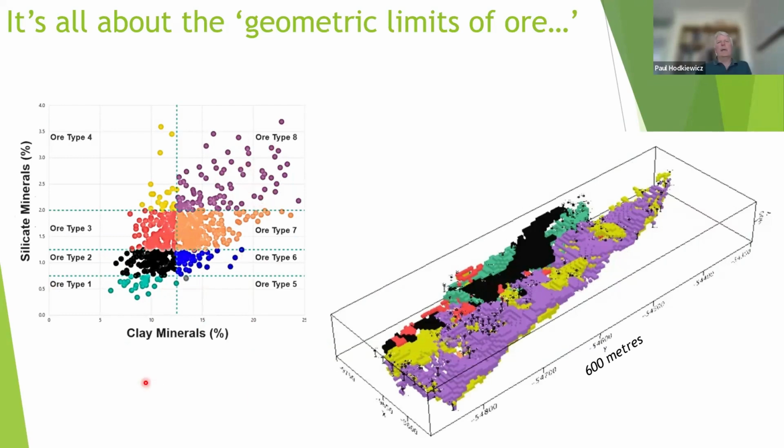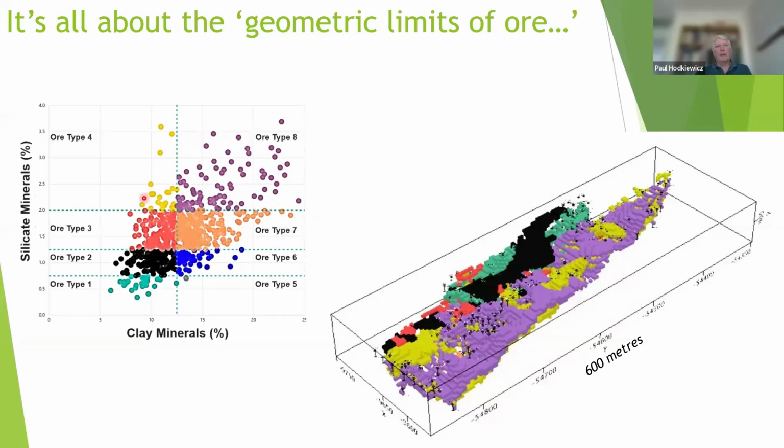And these had different behaviors in terms of throughput and recovery in the mill. And what happened in this case is that these colors were then simply painted back onto the ore control samples. In this case, I should say the mineralogy that I showed in the previous slide was from FTIR, that's Fourier transform infrared analysis, and that gives you a very quick and cheap method of finding mineralogy in your samples compared to quantitative XRD, for example.